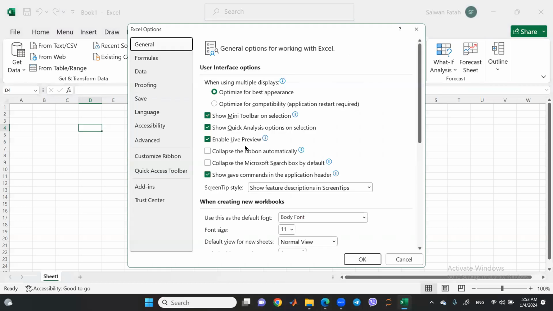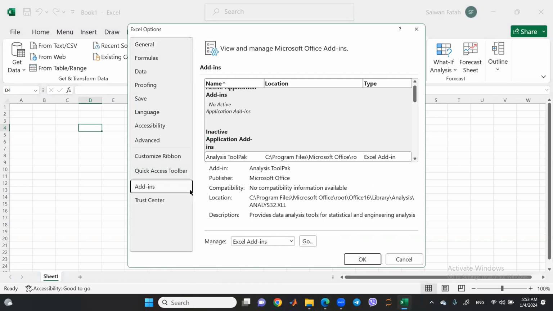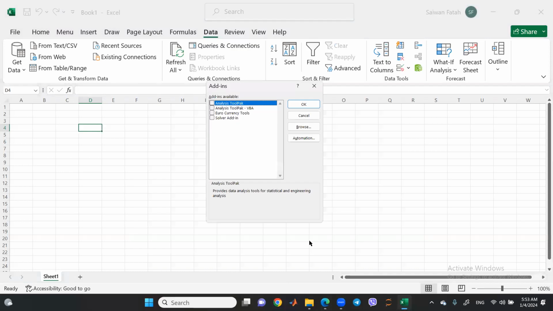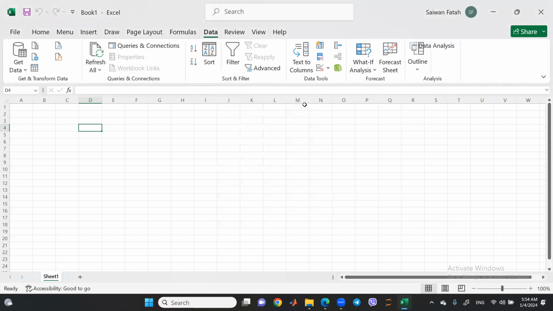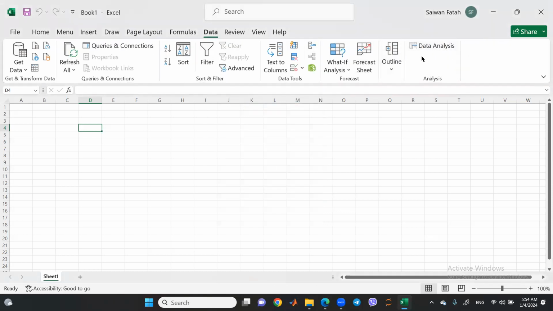We go on Options, then Add-ins, then choose Excel Add-ins, then click on Go, and then tick the first one, which is written as Analysis Toolpak. Then, OK. Once you click, you'll get the Data Analysis. We do all the operations from that Data Analysis.